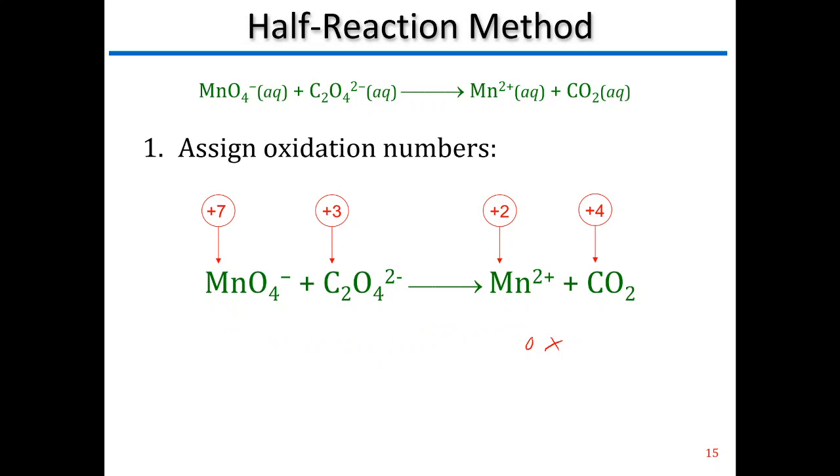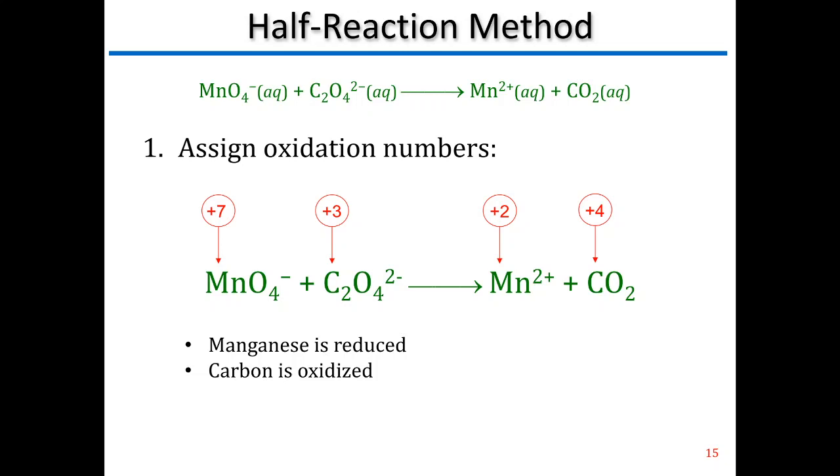So look for what's gaining electrons and what's losing electrons. Manganese is being reduced, carbon is being oxidized, because manganese is going from +7 to +2 and carbon is going from +3 to +4. So manganese is clearly gaining electrons, carbon is clearly losing electrons.